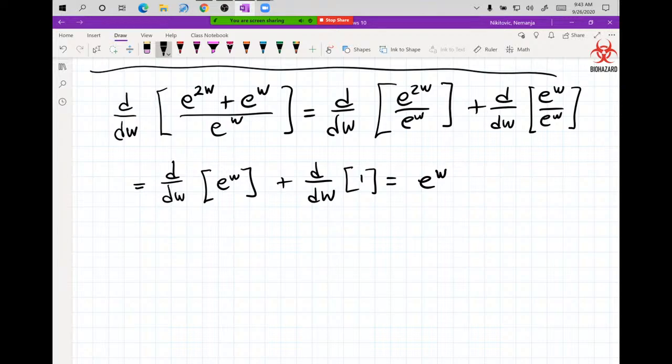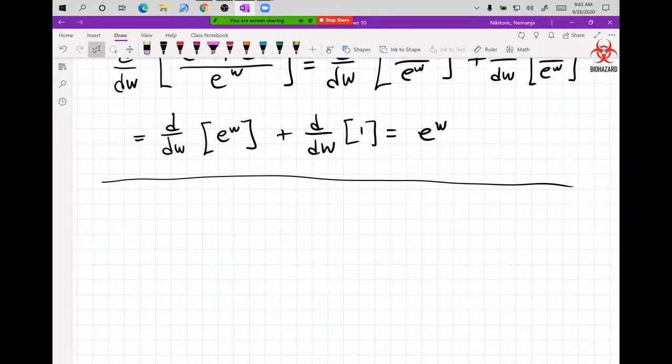But the whole thing should just be e to the w, because the derivative of e to the x stays itself. If you change the variable, it's still the same thing. You only have to be careful when that is a number, then you have a constant, and the derivative of 1, a derivative of a constant, is 0. So we just have e to the w.